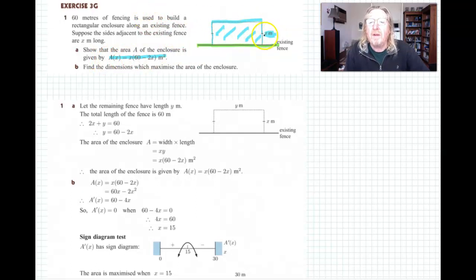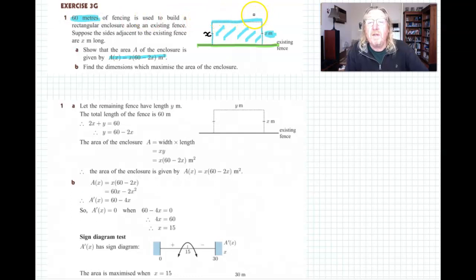So we've got that length as X there, and that means that this length here is also X. Now there's 60 metres of fencing. What does that leave for the length along here?